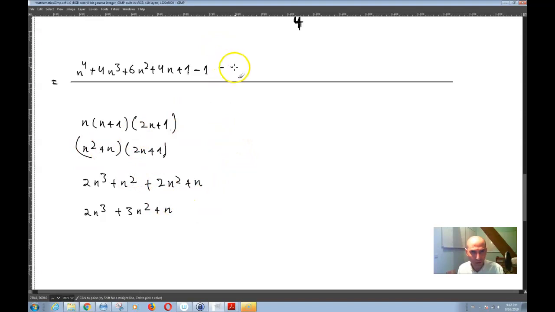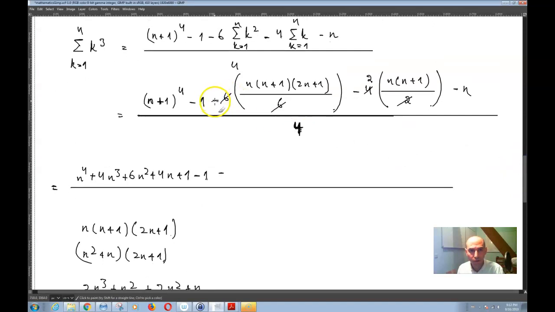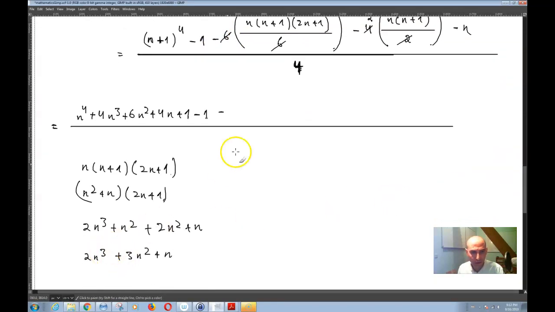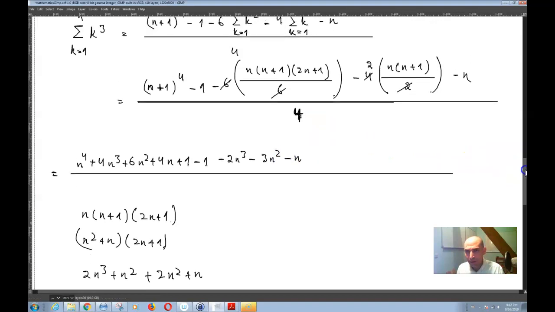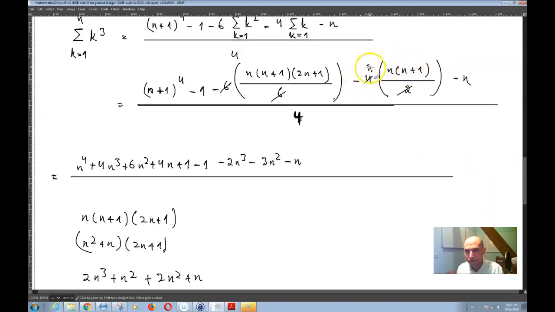So I write it over here, but I have to multiply this negative sign by all of these terms. So that is negative 2 times n cubed, negative 3 times n squared, minus n. And then I have negative 2 times (n plus 1), which is the same thing as negative 2 times (n squared plus n), which is negative 2n squared minus 2n.